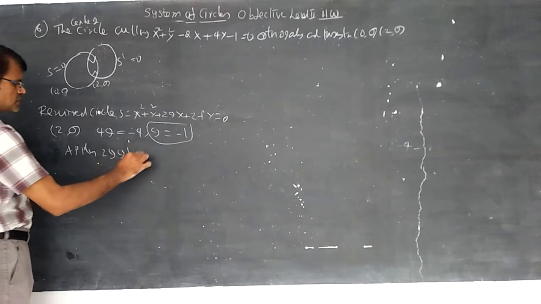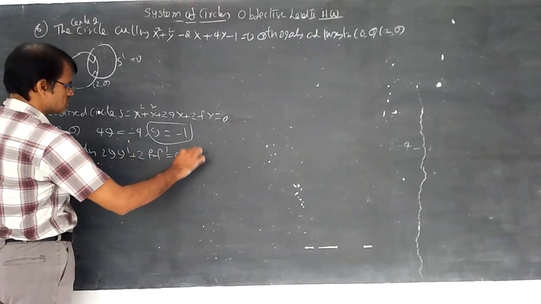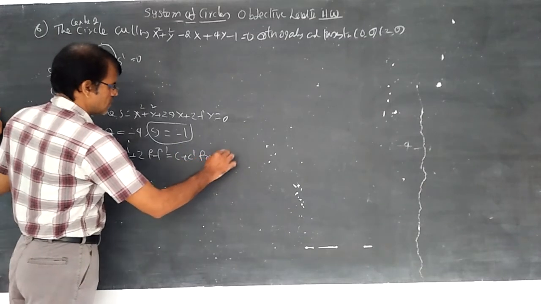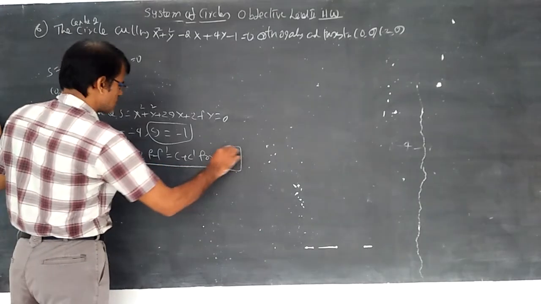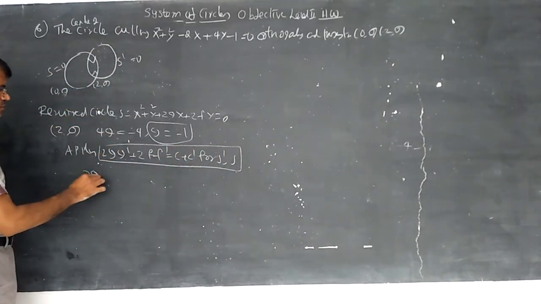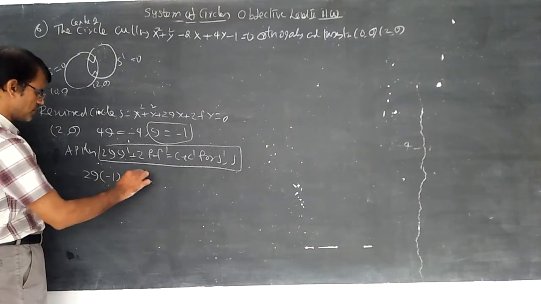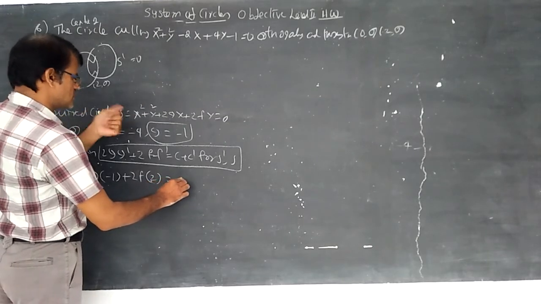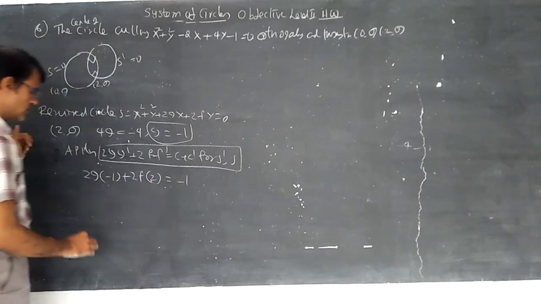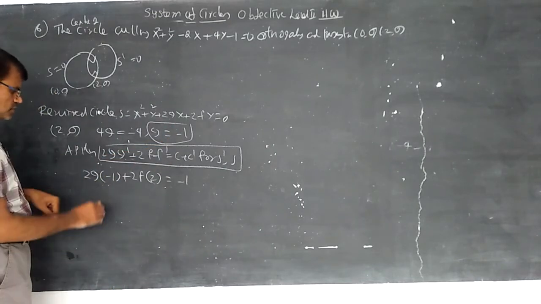Now apply 2gg' plus 2ff' equal to c plus c' for S', S. Here 2g means 2 into minus 1, plus 2f means 2f into 2. C, there is no c. So minus 1. The g value we got as minus 1, so minus into minus 1.